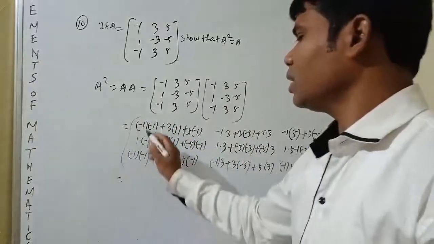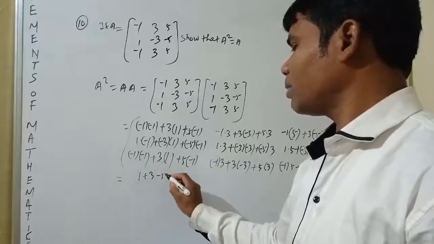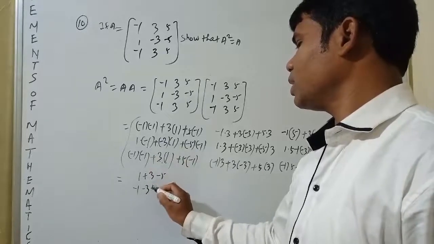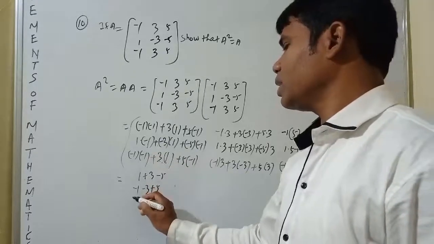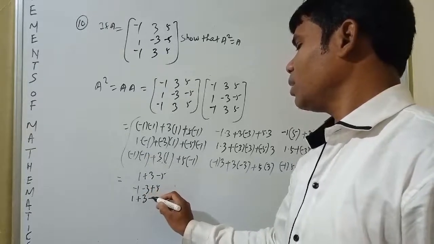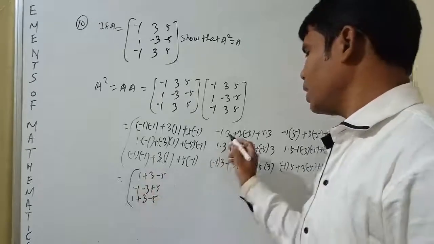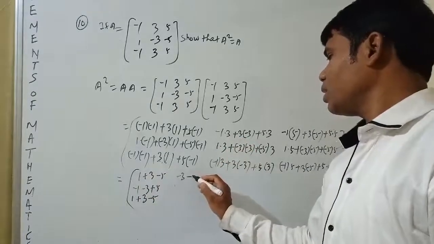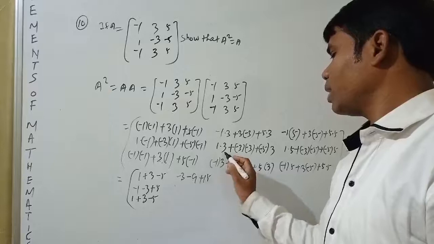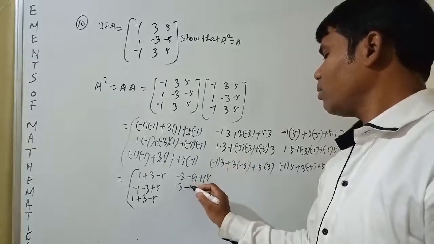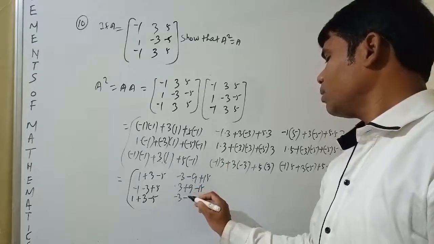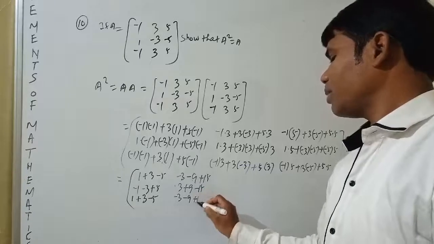Okay, is equal to, you see this is 1 plus 3 minus 5, this is -1. This is -3, this is plus 5, this is 1 plus 3 minus 5. Okay, here you see -3 -9 plus 15. Here 3 plus 9 minus 15. Here -3 -9 plus 15.